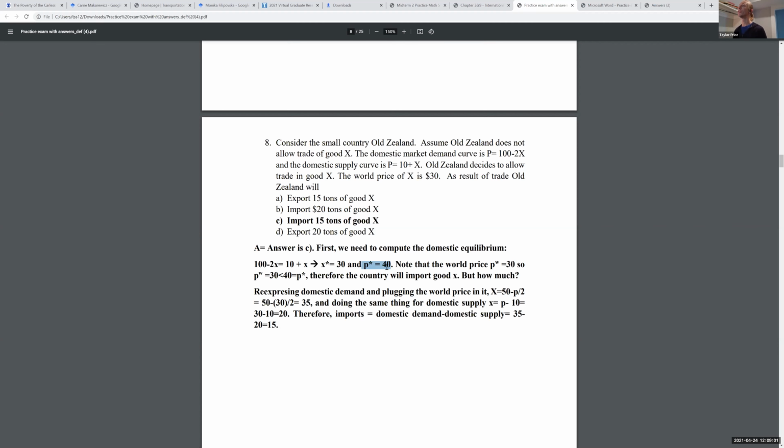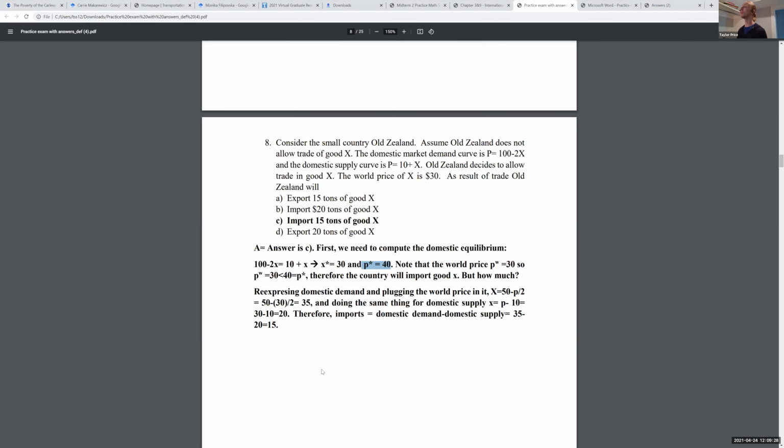So when you're given the world price is 30, you know that this country is going to, when they open for trade, become an importer because the world price is lower than the domestic price. Because of that, what you need to do now is plug the world price into the demand and supply equations.